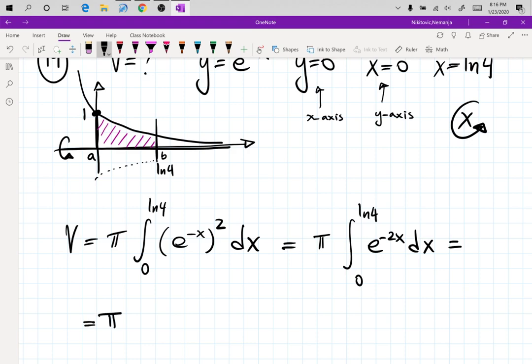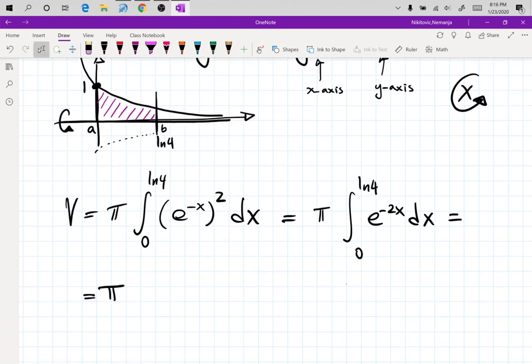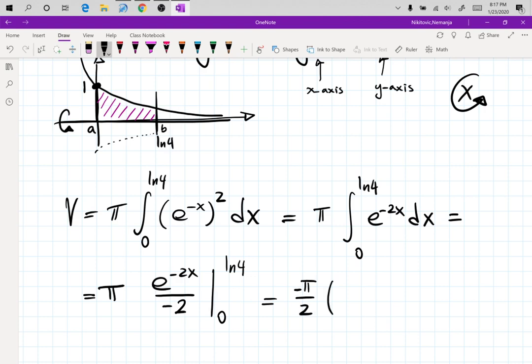This is going to be pi times, what is the integral here? e to the negative 2x over negative 2, from 0 to ln 4. Negative pi over 2. And then I just have e to the negative 2 ln 4 minus e to the 0.